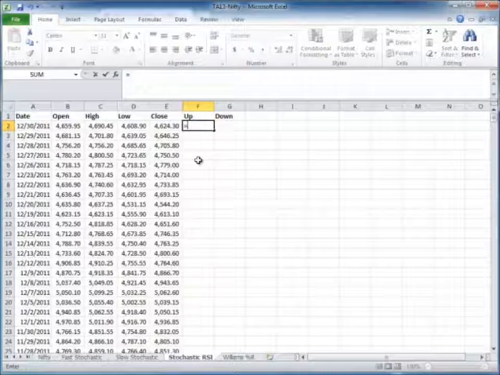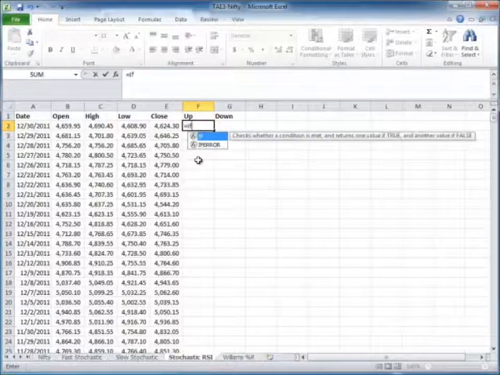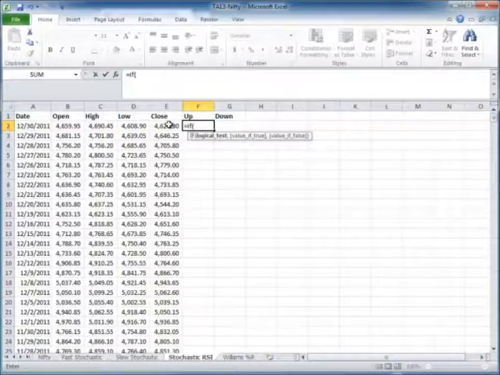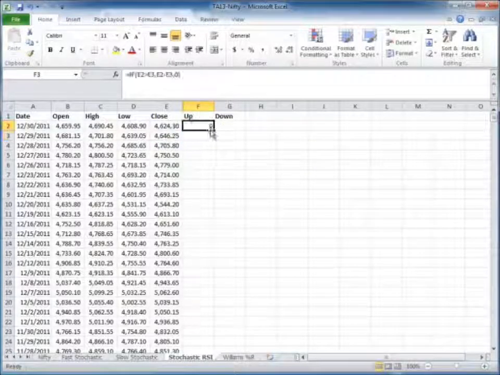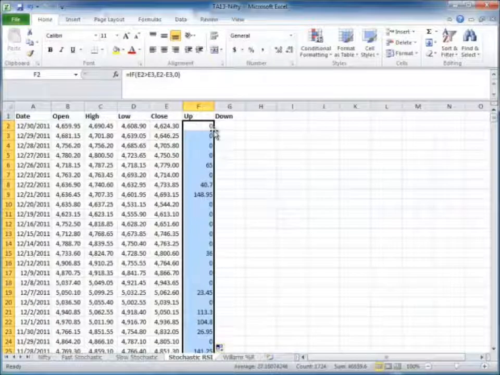The way I would calculate the up move is: if this day was greater than the previous day, that is, if the price rose, then I would like this day minus that day. Otherwise, I would like 0. In this case, because the prices fell, it's a 0.